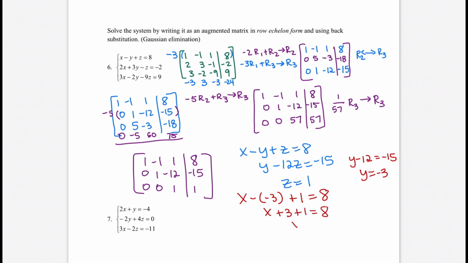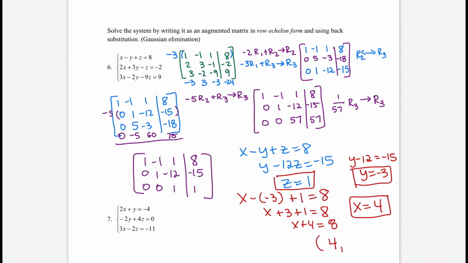And so x plus 4 equals 8. If I subtract 4 from both sides, x has to equal 4. Now we want to write our solution as an ordered triple. You will always want to put your x first, then your y, then your z. And so that would be my answer there.